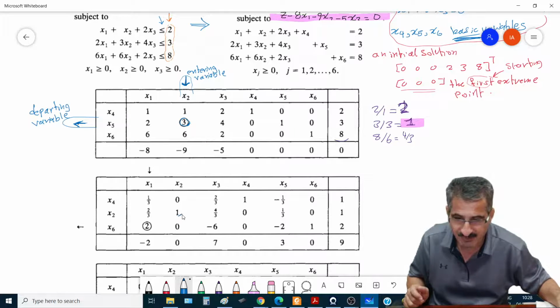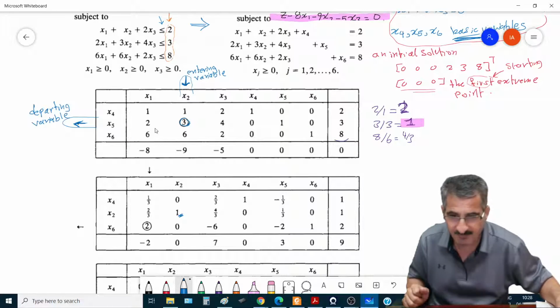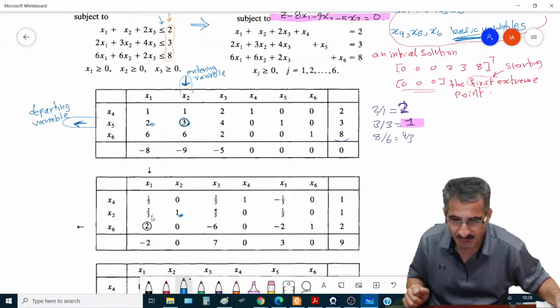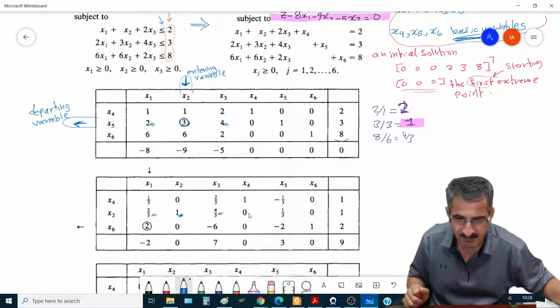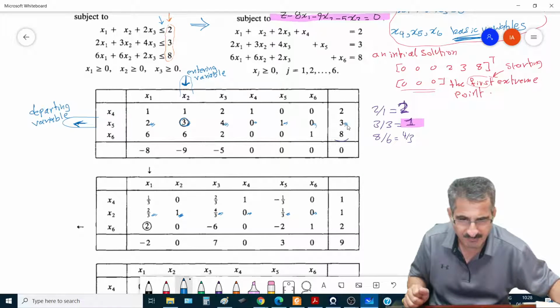So it is here now. It is 1. Divide this by 3. It is 2 over 3. 4 over 3. This is 0. 1 over 3. It is here. This is 0. And 3 over 3. Divide everything in the row.